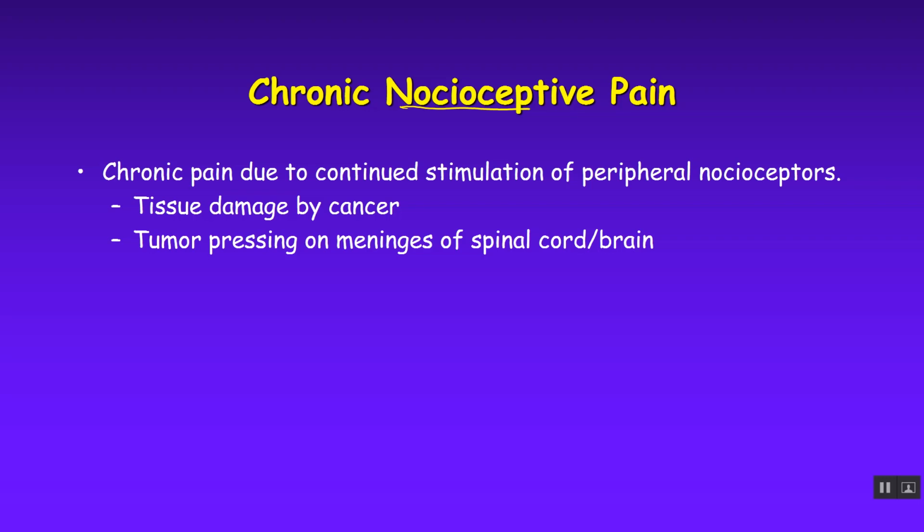As long as you keep damaging them and there's continuing irritation, you're going to have chronic pain that's associated with the actual tissue damage that's occurring. Okay? So if somebody's got a tumor and that tumor is in a region and it's continuing to grow and it's still there, it's causing pressure, damage, and destroying tissue in that area, this patient's going to have chronic nociceptive pain that's driven by the actual nociceptors, which are free nerve endings in that area, getting continual stimulation. Okay?